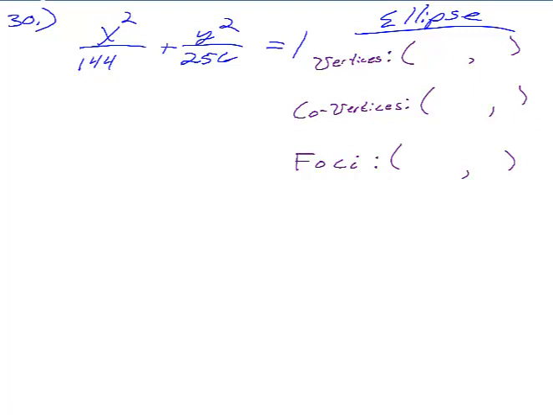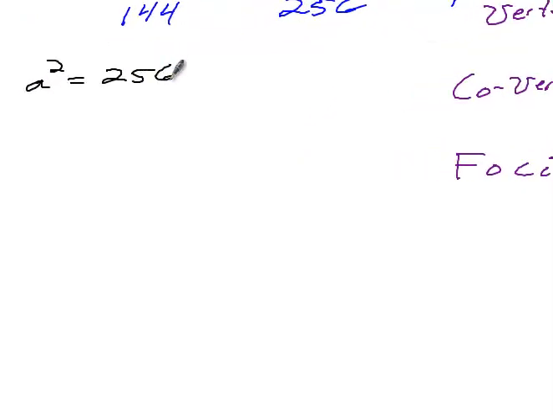Alright? So, for an ellipse, which value is our A squared? The first number or the biggest number? Biggest number. So what's my biggest denominator? 256. So A squared is equal to 256, which implies that A is equal to what? So what's the square root of 256? 16, right?